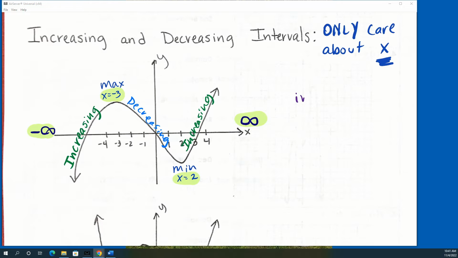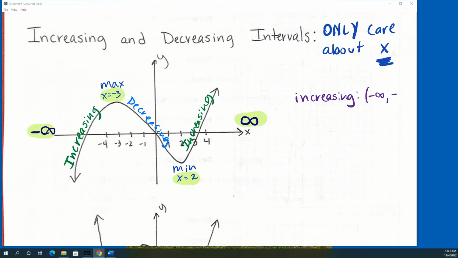Okay, so let's talk about increasing. As far as we can go to the left, the graph is increasing. So I'm going to start with negative infinity. That's going to be the smallest number in the interval. It's going to take a minute for this to make sense. And this graph is going to be increasing, increasing, increasing until I get to what x value? -3.